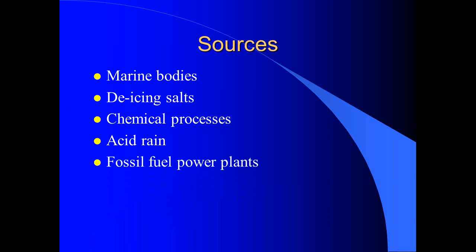Fossil fuel power plants. They keep talking about the coal-fired power plants dirtying up the air. All fossil fuel, whether it be coal or oil, has got sulfur and nitrogen in it. When the coal is burned, what it releases up into the air is sulfates and nitrates.